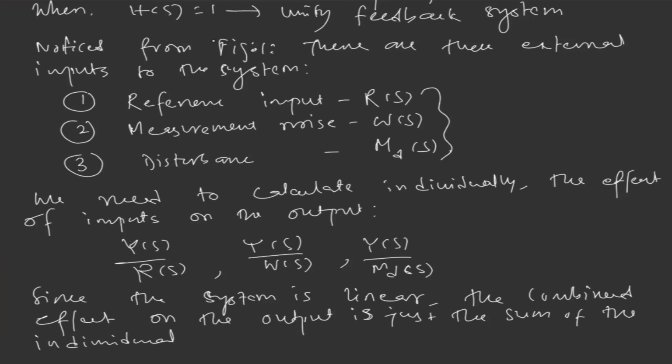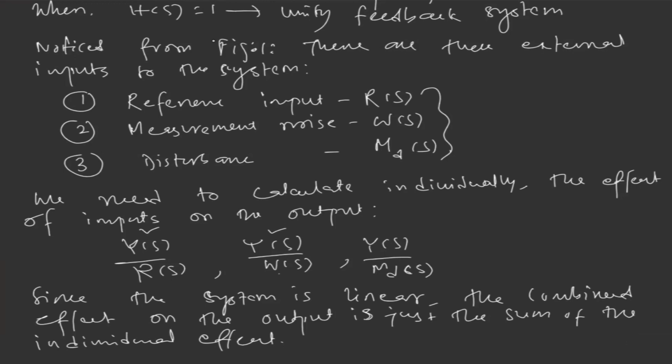I hope this is clear to you. So we'll find three different transfer functions with respect to R(s), W(s), and M_d(s), and we'll just sum the effects, and we'll see how the system is going to behave.